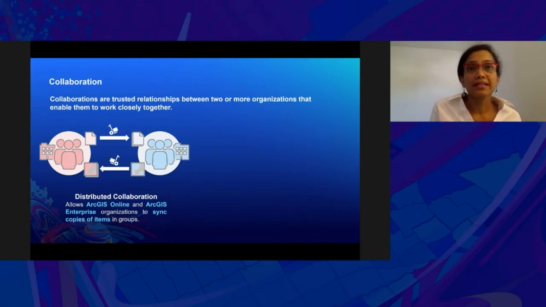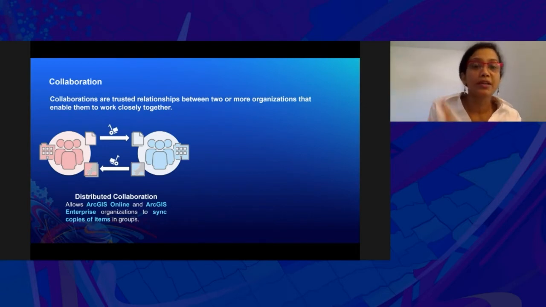In this case, the blue organization has a group that's participating in a collaboration. It has only people from that blue organization, and they put a map in there, and that map gets synced over to the pink organization.